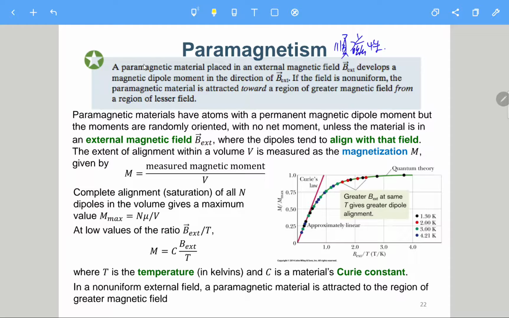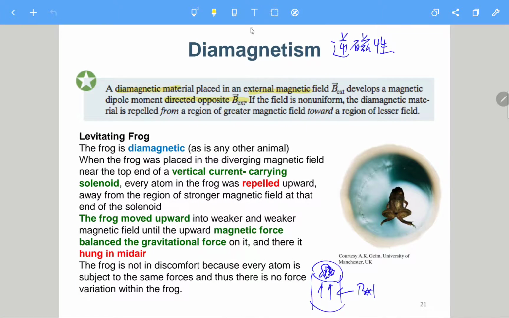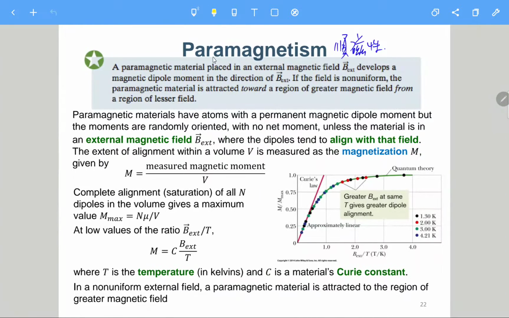So for that one, it will just follow the magnetic field. So it is somehow like it is being attracted by the external magnetic field.